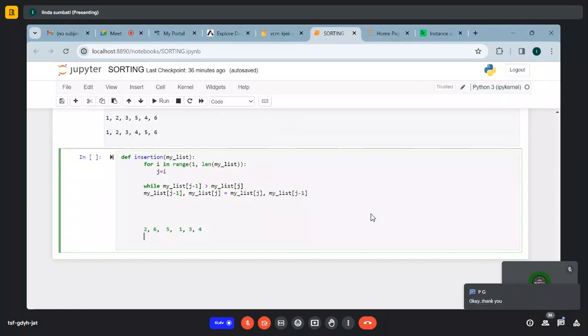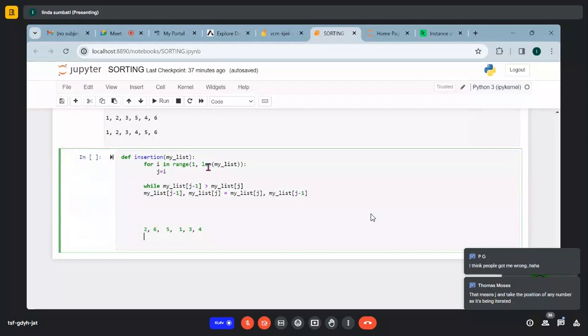Yes. So while j minus 1 is greater than j, do the following operation. I've not really gone through our operation. That is, if it's greater, swap. So that's just the function of that j equals i.